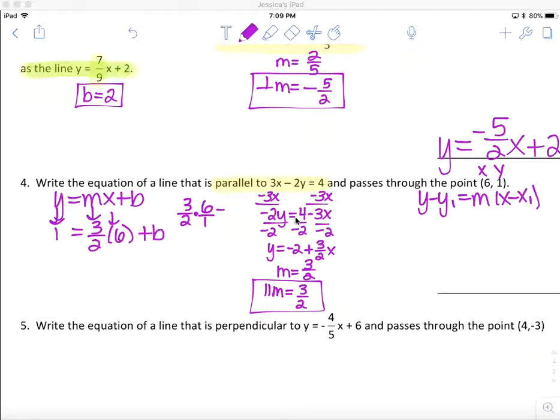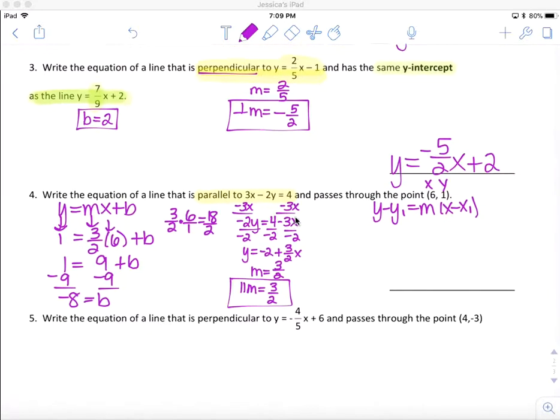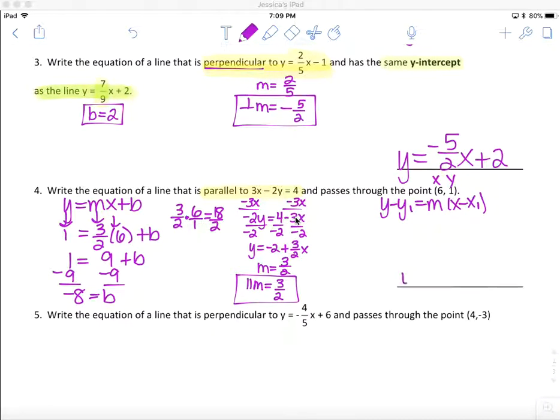Well, 3 times 6 is 18, and 2 times 1 is 2, meaning that this is going to reduce to 9 plus b. 18 over 2 is 9. To get b by itself, I'm going to subtract 9 on both sides, and I get negative 8. If I put those two things together, then my new equation would be y equals 3 over 2x minus 8. I plug in the m, I plug in the b.